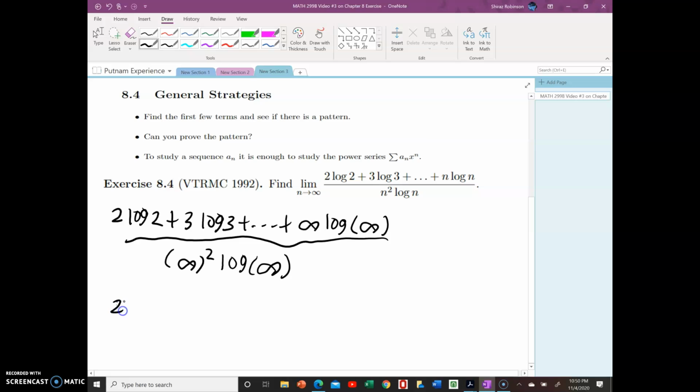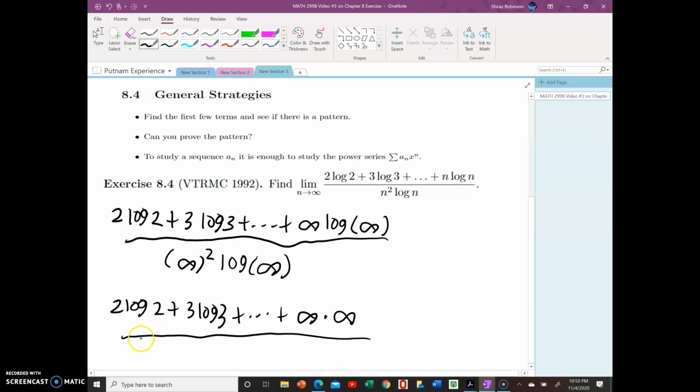So you're going to have 2 log 2 plus 3 log 3 ellipses plus infinity times infinity over infinity times infinity.